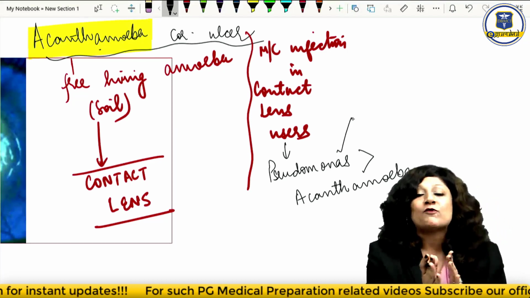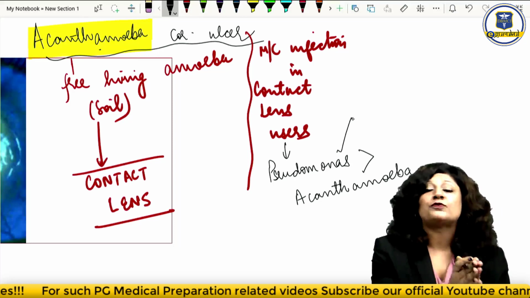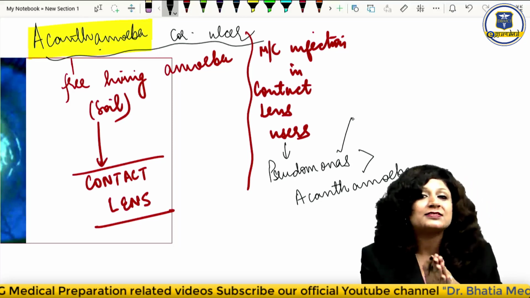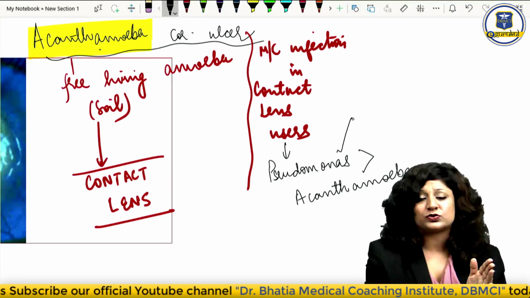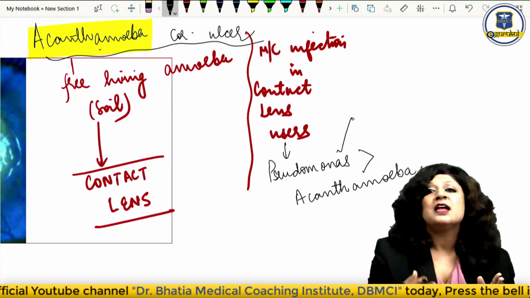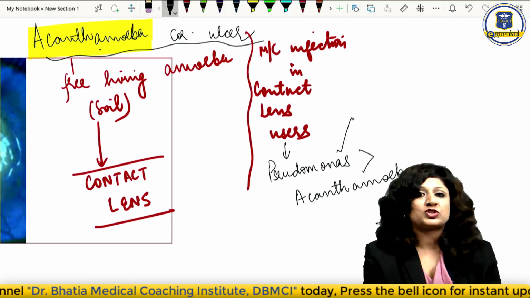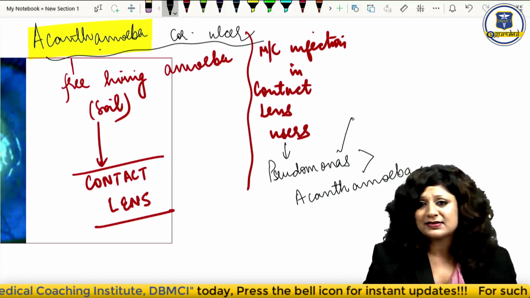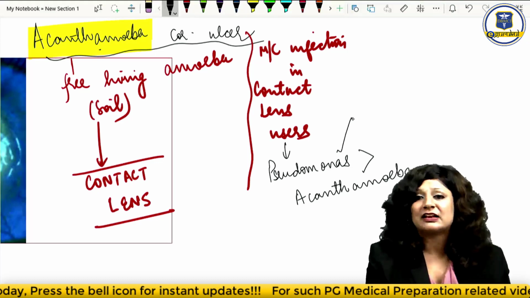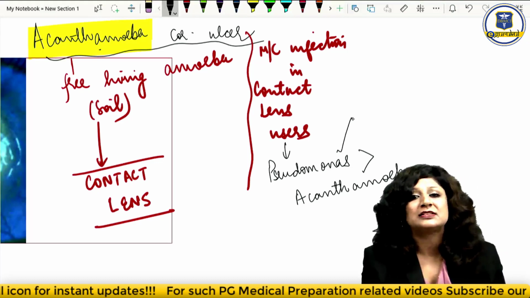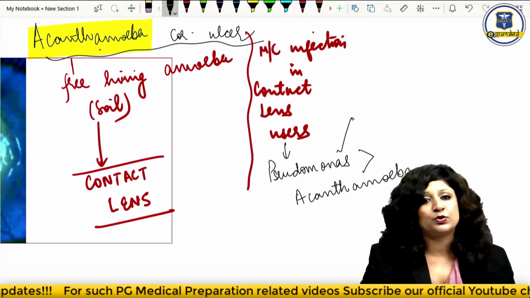But if I ask what is the most common risk factor for corneal ulcer in cases of Acanthamoeba, then the answer is the use of contact lenses. So that is the most common way by which a person gets infection in cases of Acanthamoeba keratitis. But per se, the most common infection occurring in contact lens users is actually Pseudomonas.